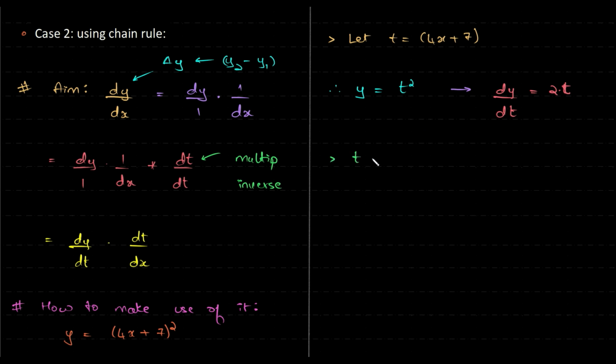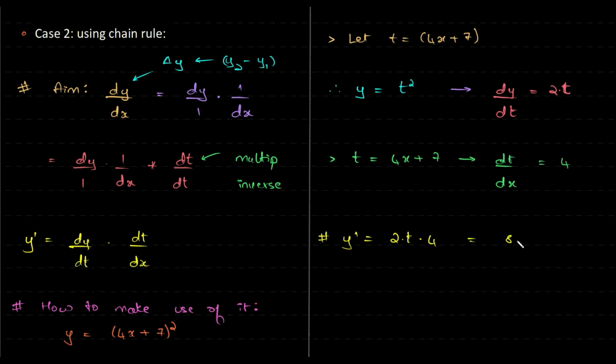Now coming back to t, which is 4x plus 7, I'm going to differentiate with respect to x. So we'll end up with 4 into 1, that is 4. Finally, I'll go back to my original expression. So y prime is equal to dy by dt, which is 2 into t, into dt by dx, which is 4.